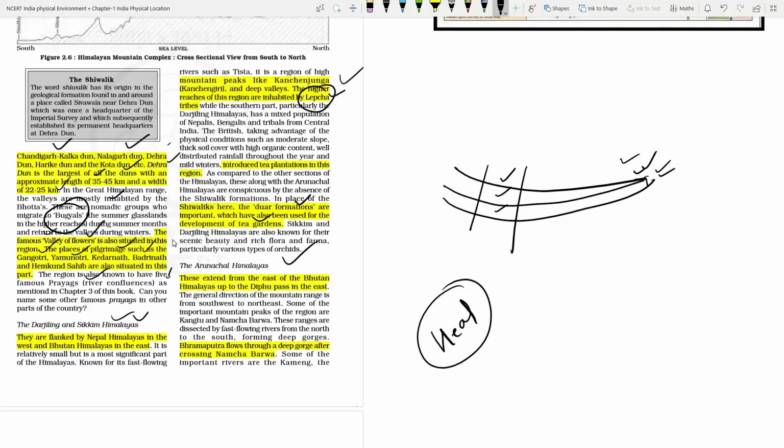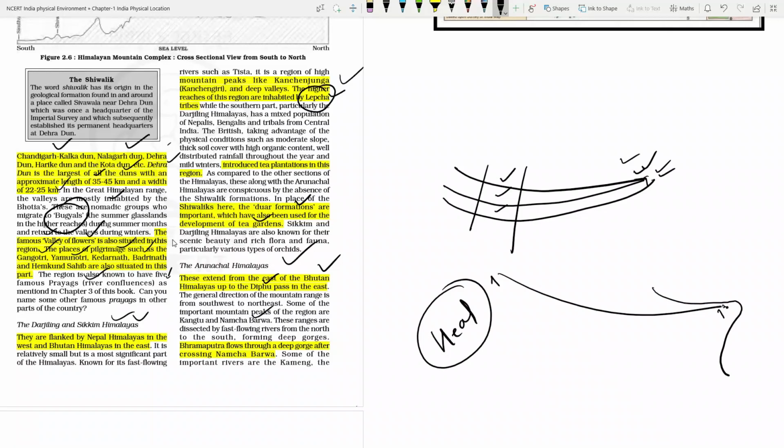Arunachal Himalayas, okay? It is starting from Bhutan, and it is ending with the Difu Pass, Difu. And roughly it is near the Namcha Barwa, because as we normally say, the extension of the Himalaya is from Nanga Parbat to Namcha Barwa, and from here the Brahmaputra takes a U-turn.